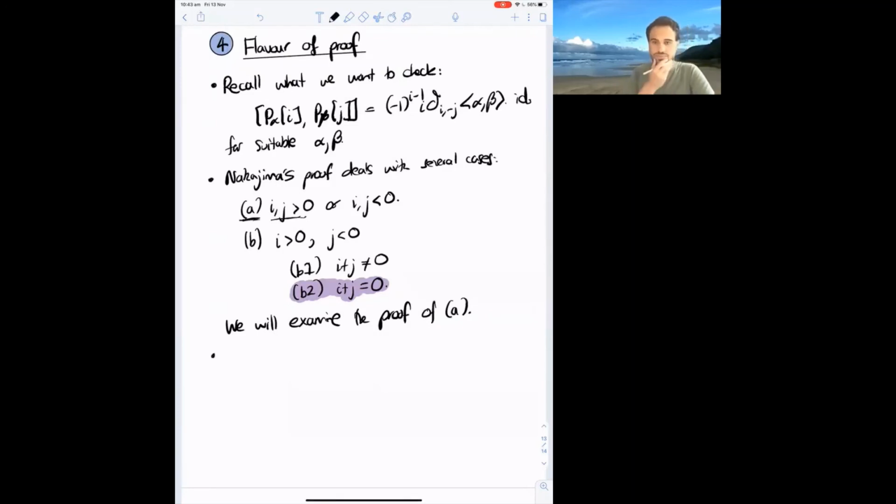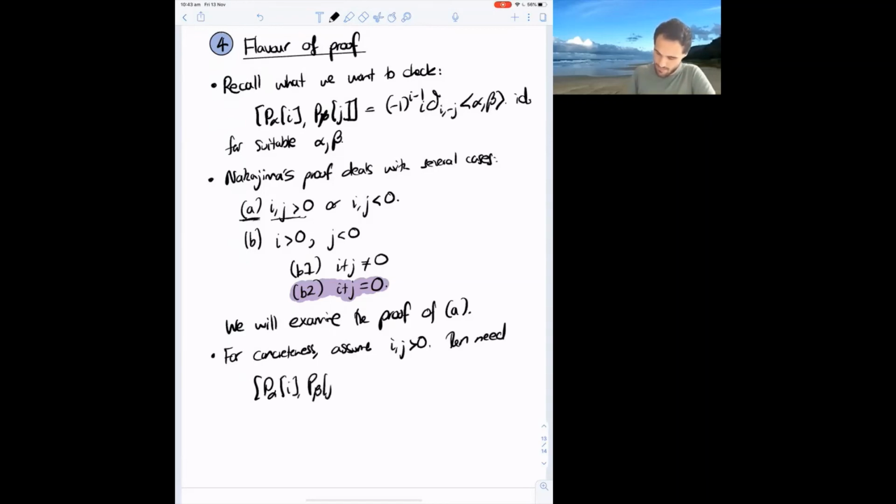I'm just going to write down what I just said. So for concreteness, let's assume that we just have both positive. And then we need this to equal 0 as a correspondence on the direct sum of homology groups of the Hilbert schemes.